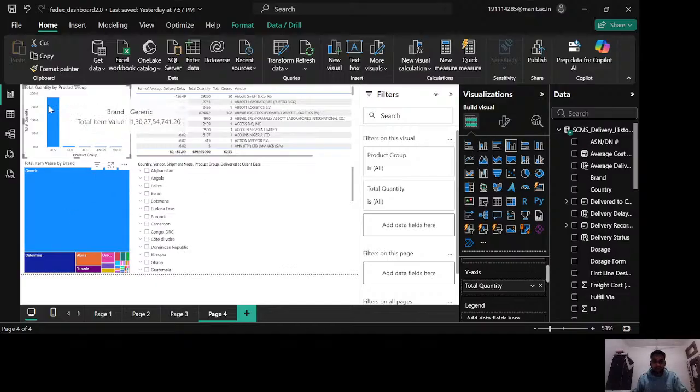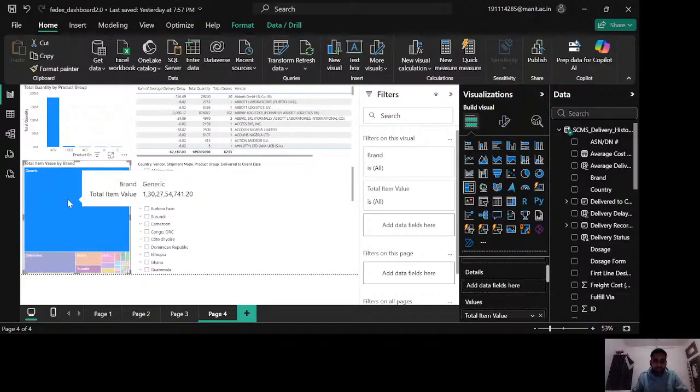So the most preferred product group by total quantity is ARV, and after ARV we can prefer HRDT, and cannot prefer ACT, ANTM and MRDT.